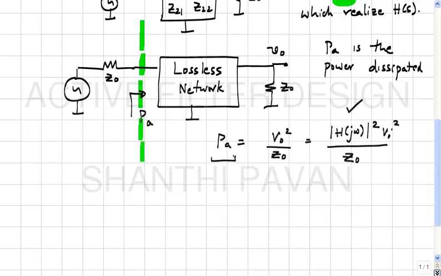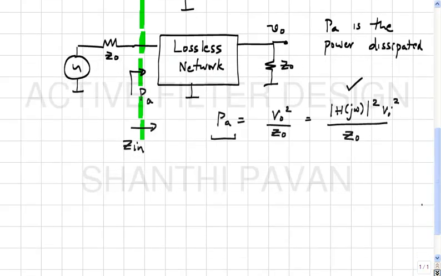This is nothing but power absorbed by some impedance, correct? All that we need to now do is find a Zin such that the power it absorbs as a function of frequency follows mod H of j omega squared Vi squared by Z0. You understand?